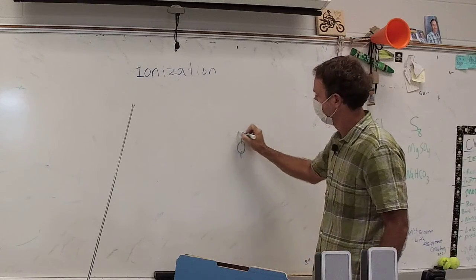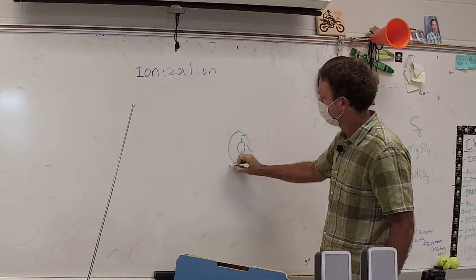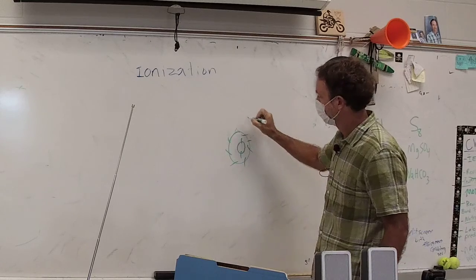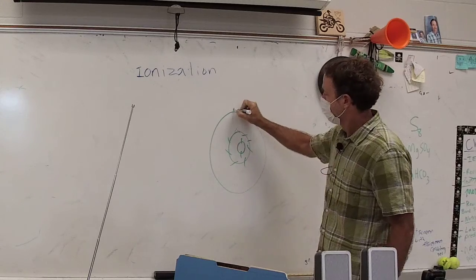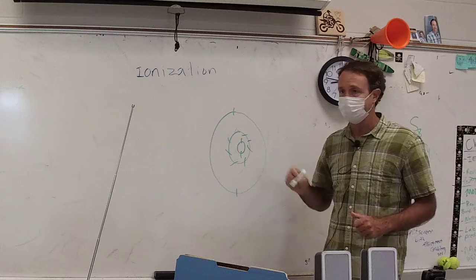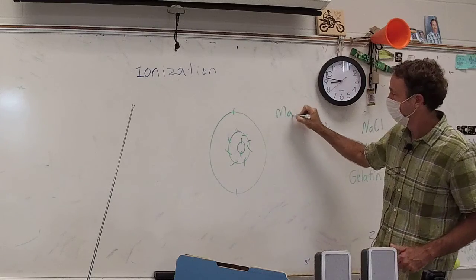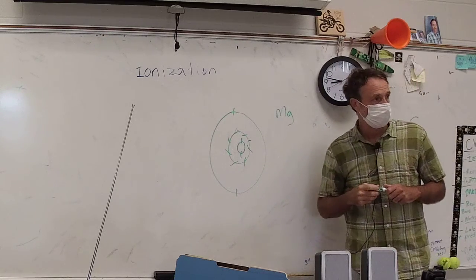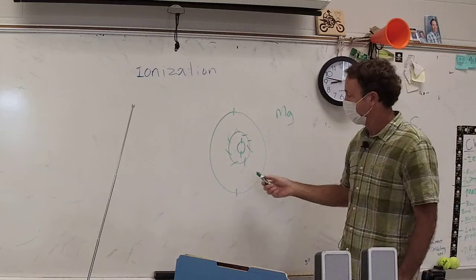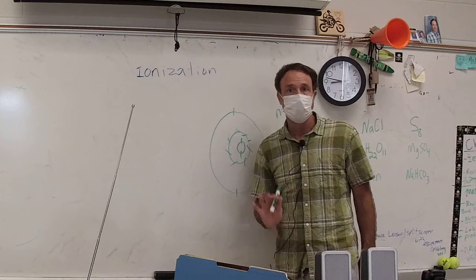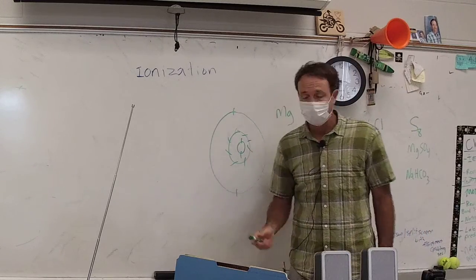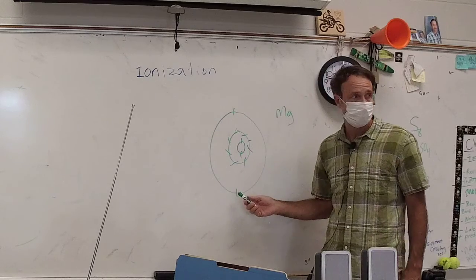How about 1, 2, 3, 4, 5, 6, 7, 8, 1, 2. Everybody, this is magnesium, right? Everybody agree with that? All right. Magnesium has a fairly low ionization energy. It only has 2 valence electrons out here.